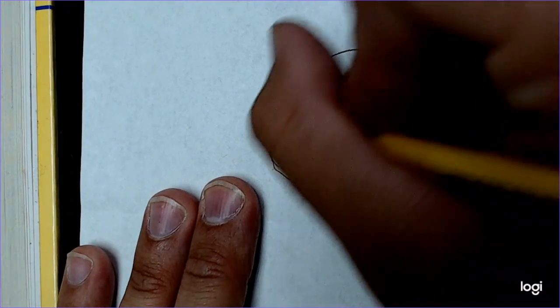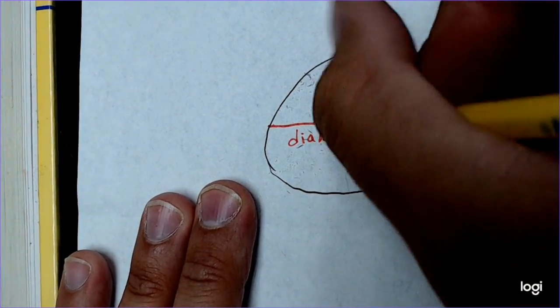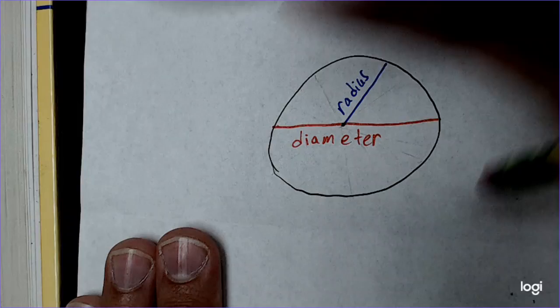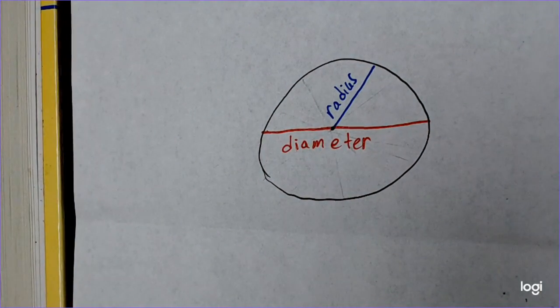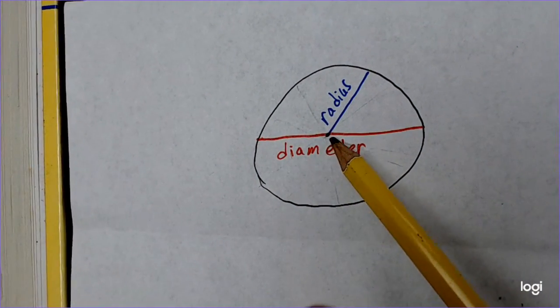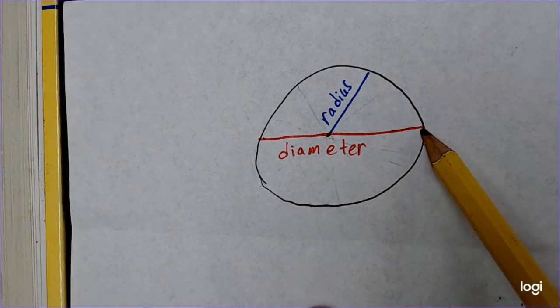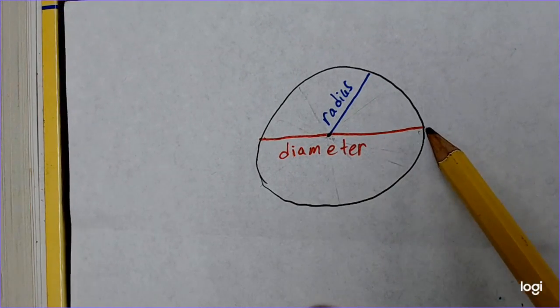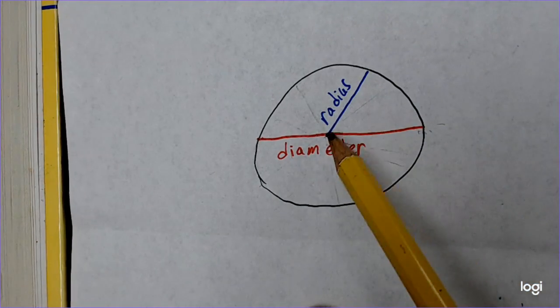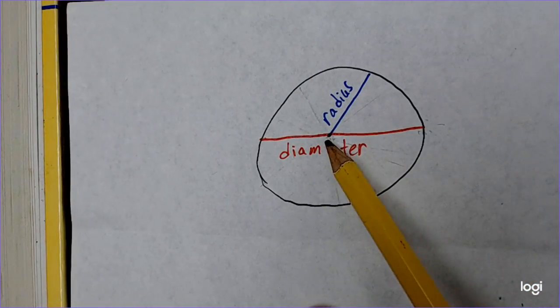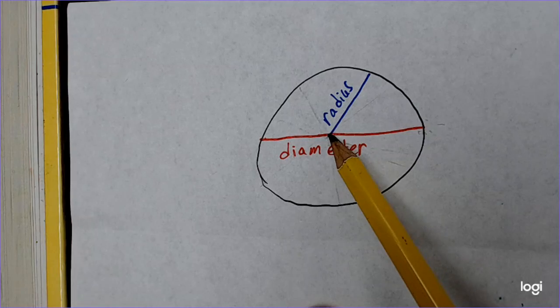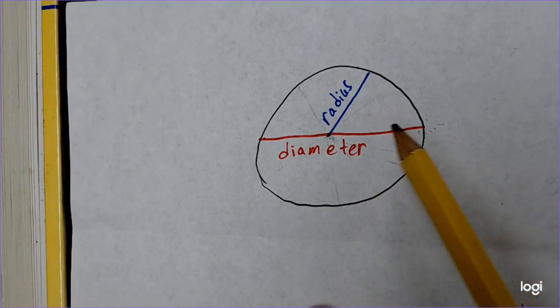All right? So we've got our first two parts, the radius and the diameter. Now, this is an important distinction right now. If we were to look at our diameter, right here, this is the center of the circle. And from here to here is from the center to the edge, right? So that's one side of our diameter, right? That's describing a radius. So that is a radius, and that makes up half the diameter.